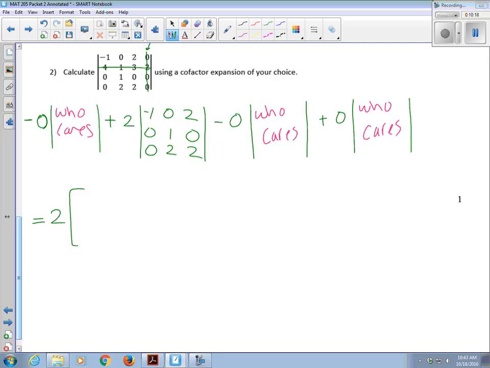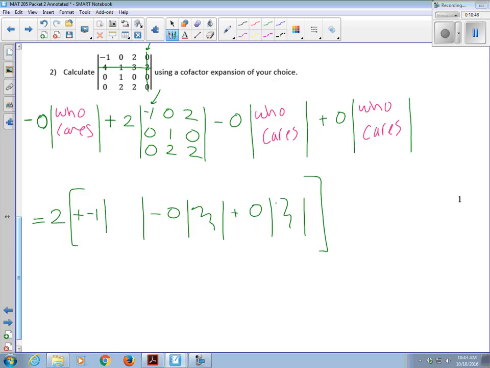All right, so if I do column 1, then I'm going to start with a positive, right? So it's positive -1, right? So you just write down a positive and then you copy the number and then the determinant of some 2 by 2. And then you have -0 times some determinant plus 0 times some determinant. And these are like whatever, because you're multiplying by 0, so who cares?